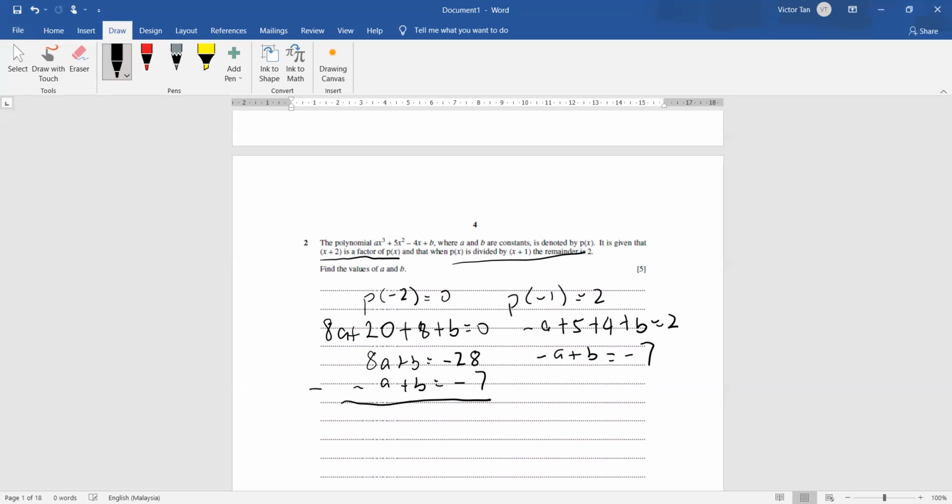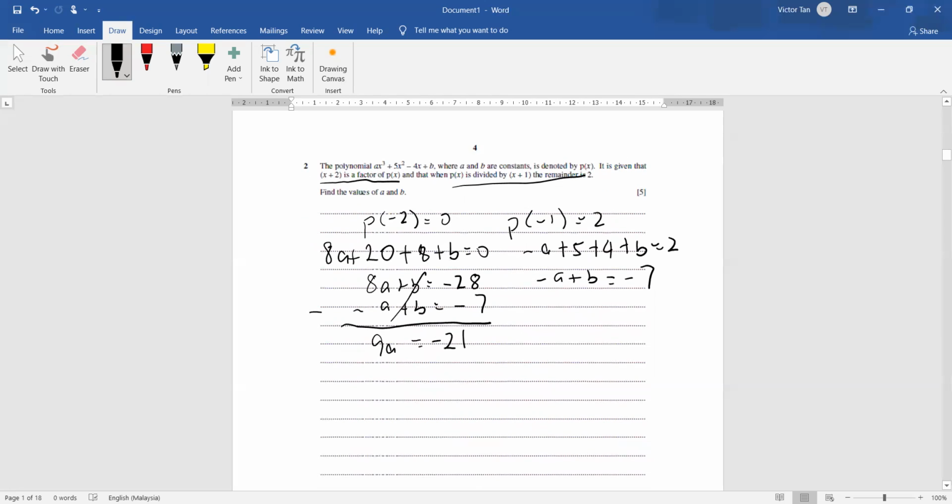Take away. 8 minus minus 1 is 9, so 9a. b minus b cancel off. Minus 28 plus 7 is minus 21. a is minus 7 over 3.